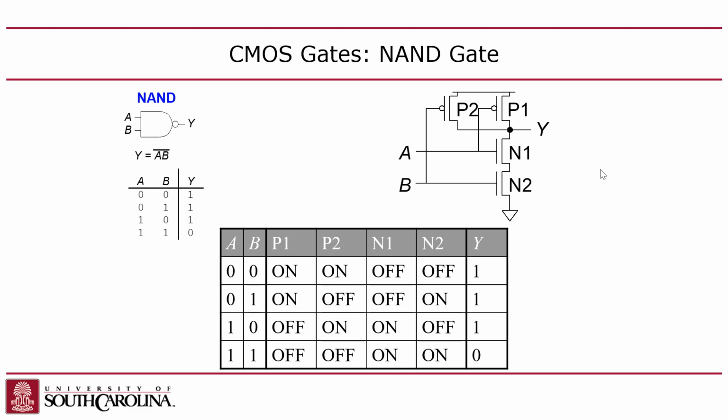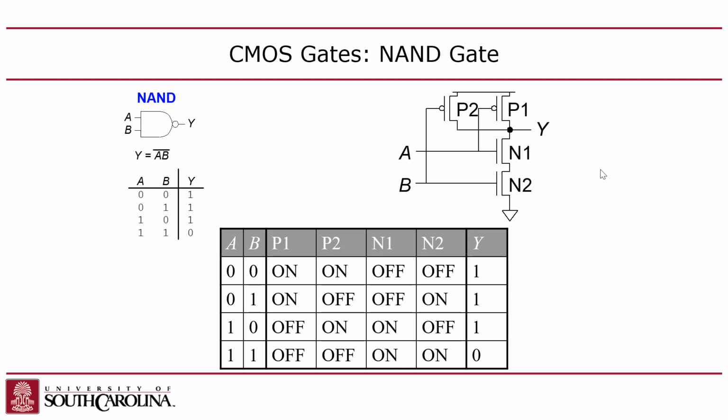Make sense? Likewise, for all the outputs that are 0, you've got to have at least one input that's a 1 for the NMOS to pull down, right? Now what this means is that you're going to have a problem if you try to make an AND gate, because for an AND gate, its output is 0 when the inputs are 0, 0.